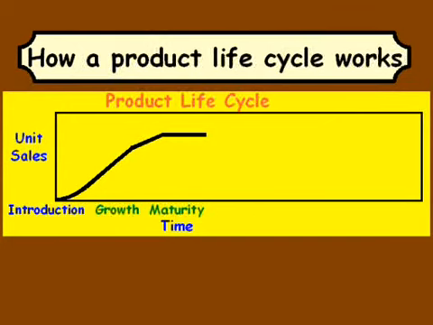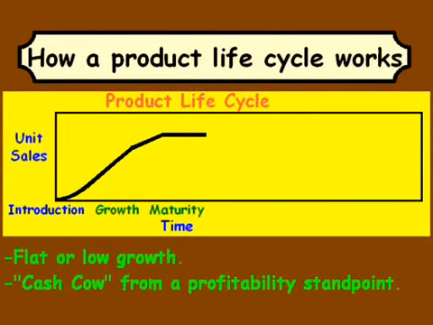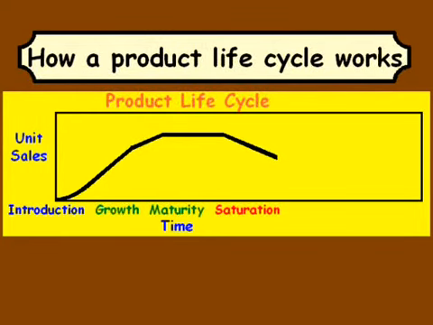Moving on to the next stage, we have maturity. At this stage, we have flat or low growth. From a profitability standpoint, it can be considered a cash cow. And this cash cow will lead us to our next stage, which is saturation. Because one company or a couple companies may have a cash cow, competition usually increases.